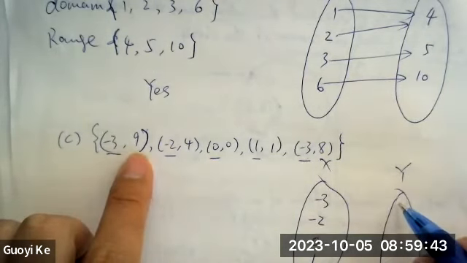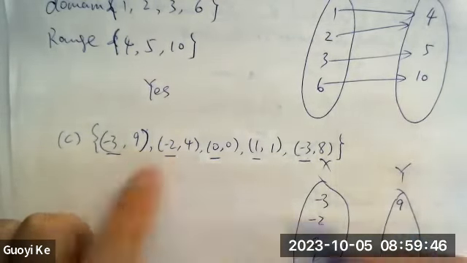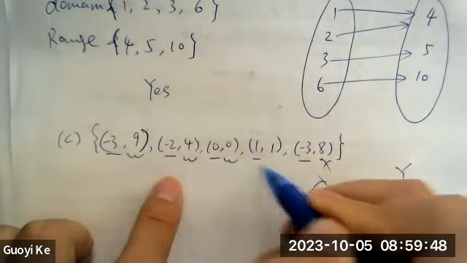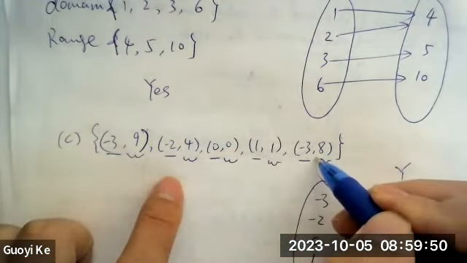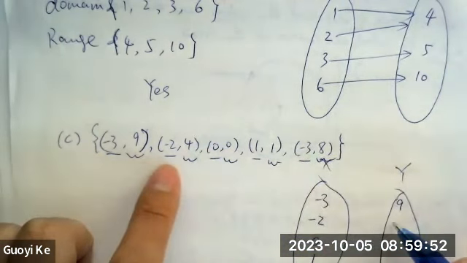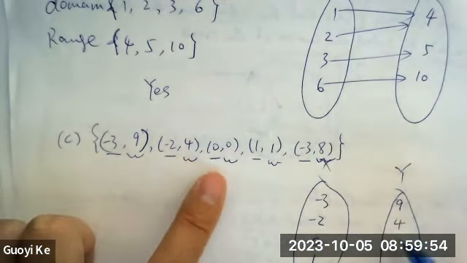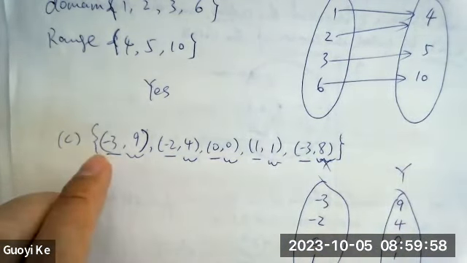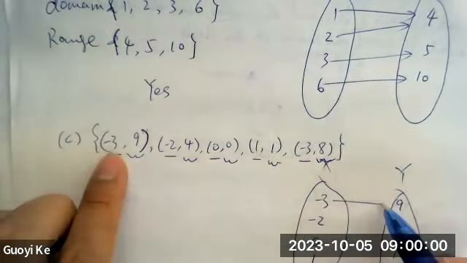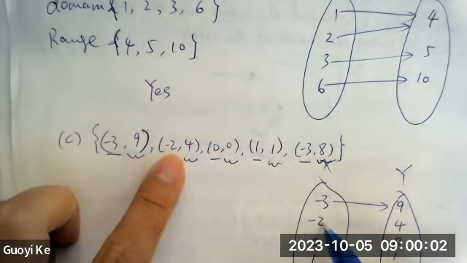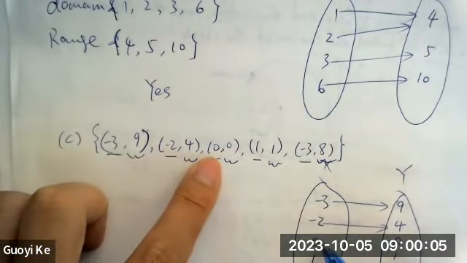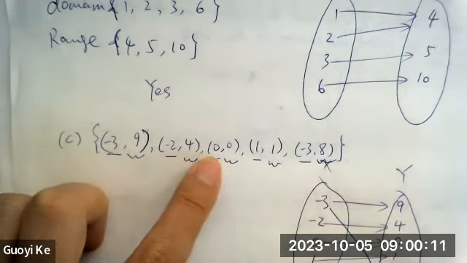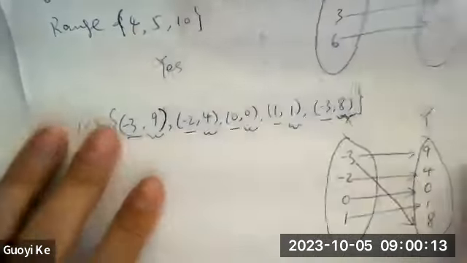And the Y is 9, 4, 0, 1, 8, right? So here we have -3 to 9, -2 to 4, 0 to 0, 1 to 1, -3 to 8.